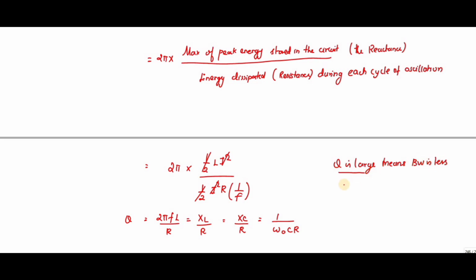If Q is large, selectivity is also large. So what is selectivity?